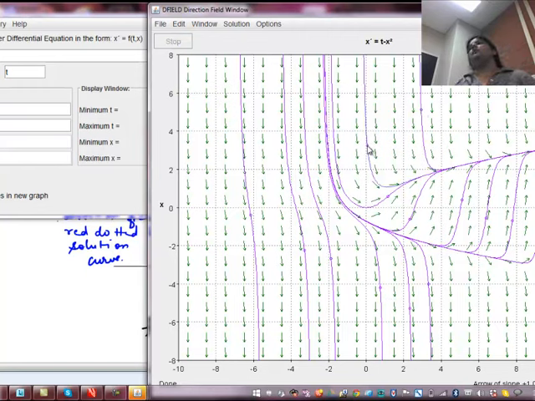Why they cannot touch each other, or why they cannot cross each other? If they cross each other, what will happen? If you are really listening to the lecture, you can give me this answer. If they cross each other, you will have two slopes at one point.